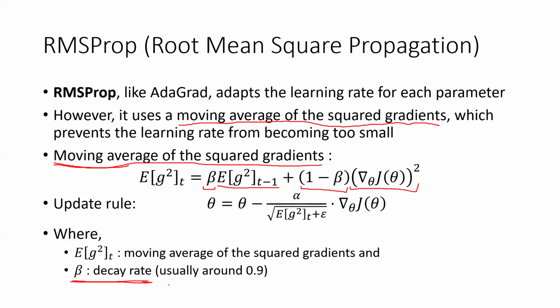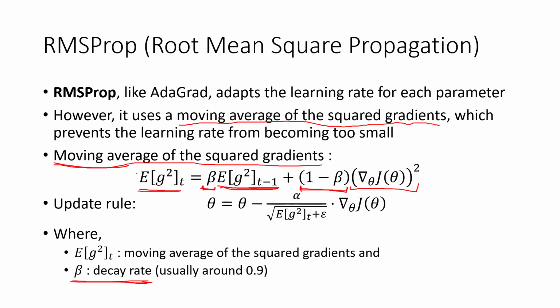Actually, we can tune this hyperparameter as well, and using this decay rate hyperparameter, you can change how much the moving average of the squared gradient of the previous timestamp affects the current moving average of the squared gradients, right? So that means when the beta is high, this proportion would be high and this 1 minus beta would be lesser, so the current effect of the square of this gradient would be lower when the beta is higher, right?